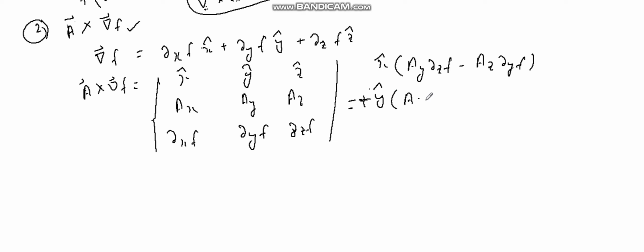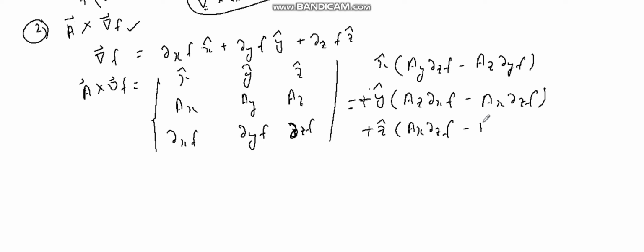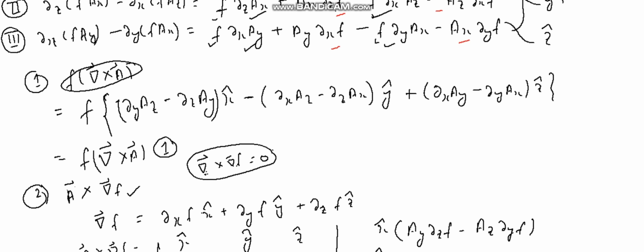So az del xf minus ax del zf. So it is actually plus z cap ax del zf minus az del xf. Okay, so let's see, do we have the same terms?